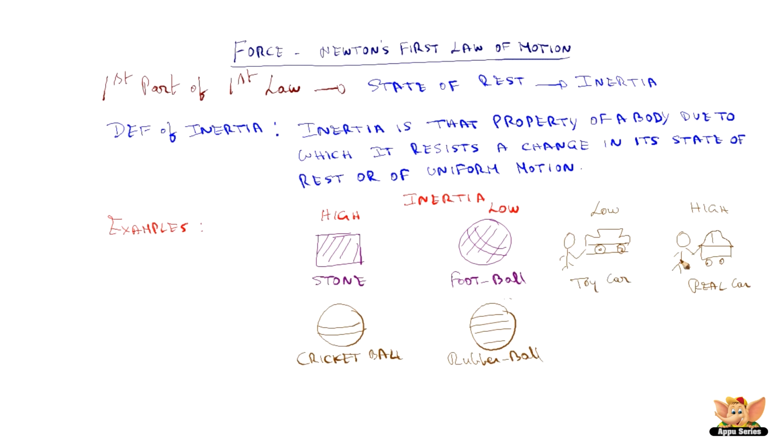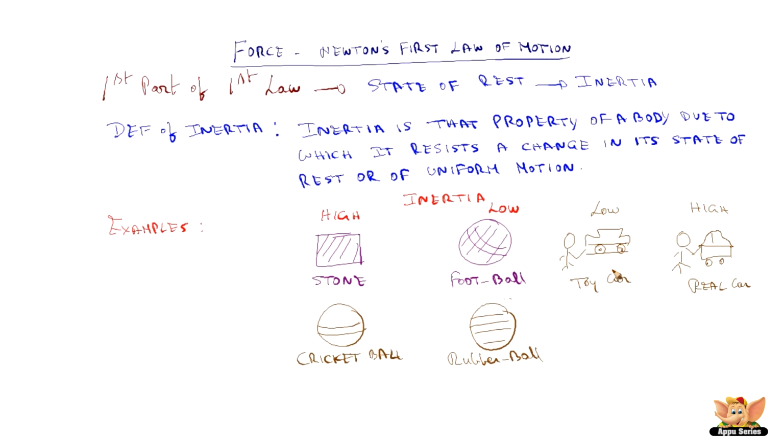So these examples state that when the object is heavier, like a stone, cricket ball, or real car, it requires a stronger, heavier push, because its state of rest property, that is inertia, is high.